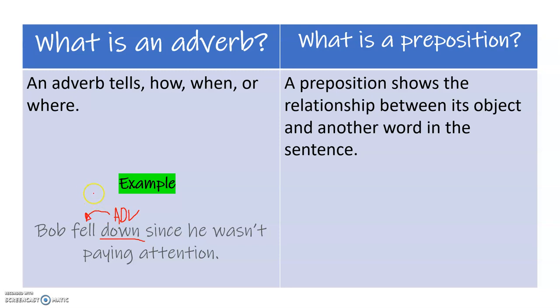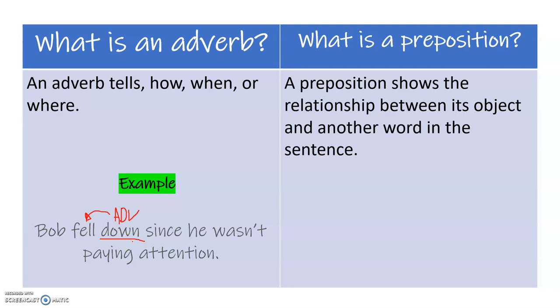Another reason it's an adverb is because we can take it out of the sentence and the sentence still makes sense. You could say Bob fell since he wasn't paying attention. Notice the adverb is by itself and doesn't have anything with it, such as a prepositional phrase.